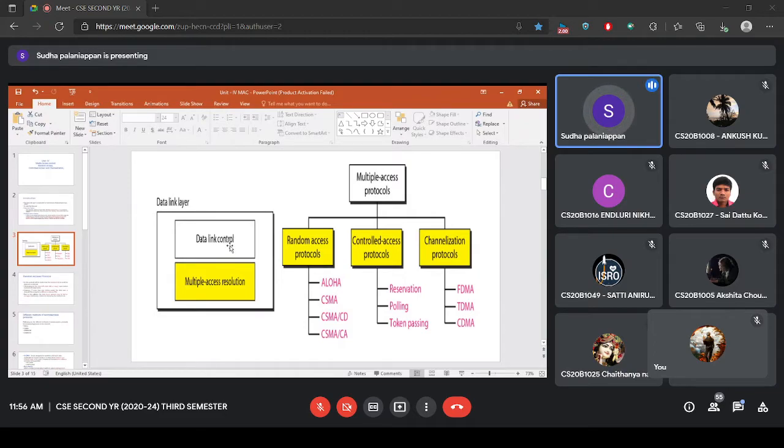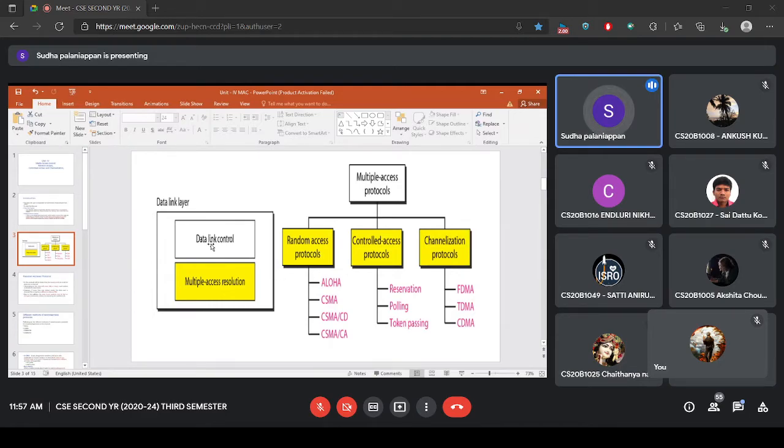The data link control, otherwise called the logical link layer, is given in the third unit. I hope you remember the logical link layer. What is its functionality? Flow control and error control are functionalities of the logical link layer.